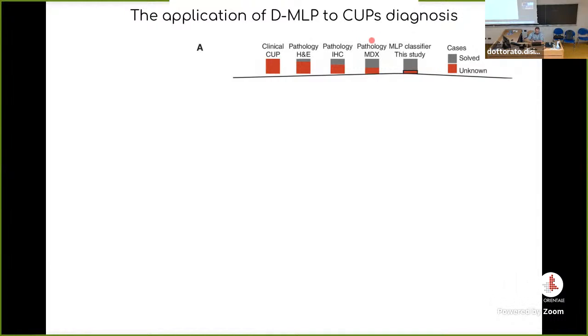But if all of this fails and the pathologist cannot find a consensus on the origin of the tumor, then we decided to pick those cases still labeled as COOPs and give it a go with our method.